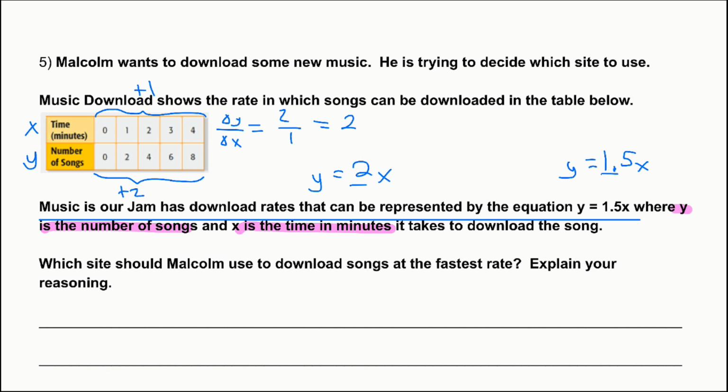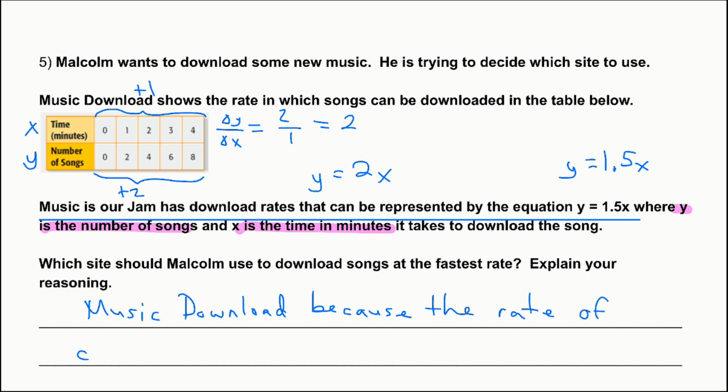So we want the most downloads per minute, which means we are going to use music download because the rate of change, which is going to be our download speed, is larger or greater than music is our jam.